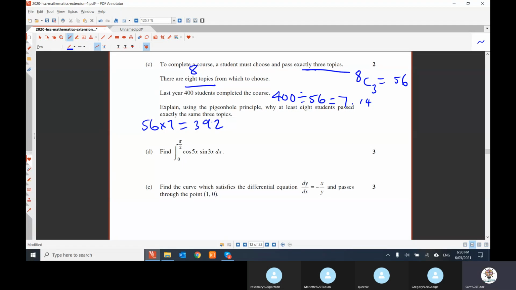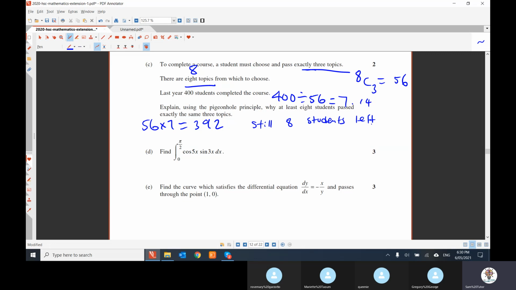There are still 8 students left. No matter which combination these students choose, there will be at least one combination that has at least 8 students. Do we get that? And that's the pigeonhole principle.